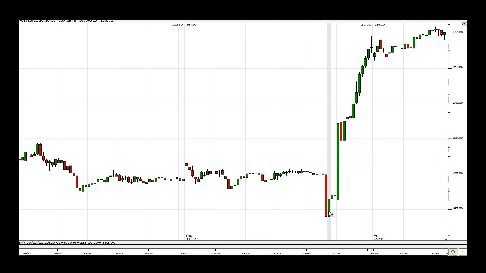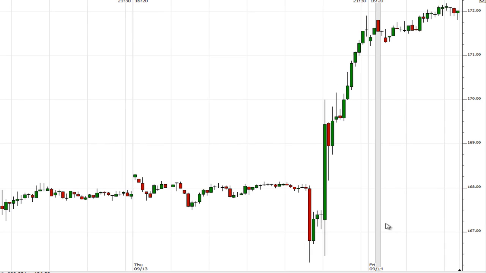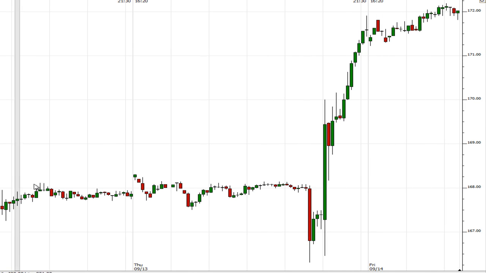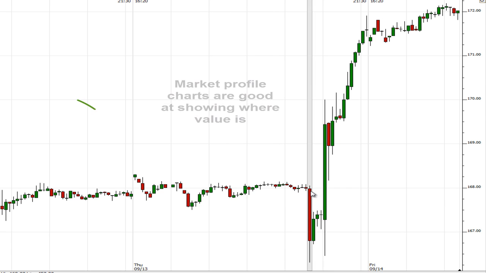What this is good at showing is how prices were moving, in which direction, over time. You can't readily see, for instance, at 168.5 how many time periods traded through that. Now you can visualize it. You could look at 168 and see that a lot of times prices passed right through it, so you could have a good idea of that. But the point is that the market profile chart shows you that very quickly.